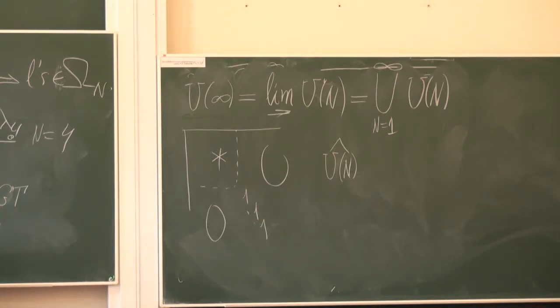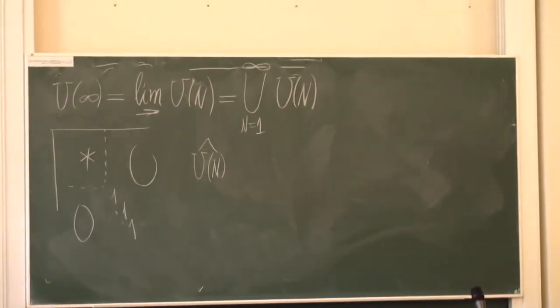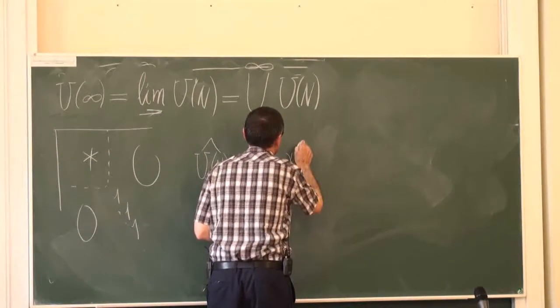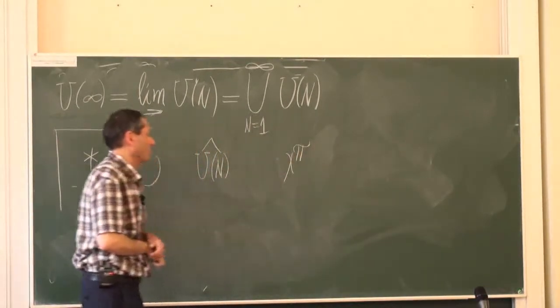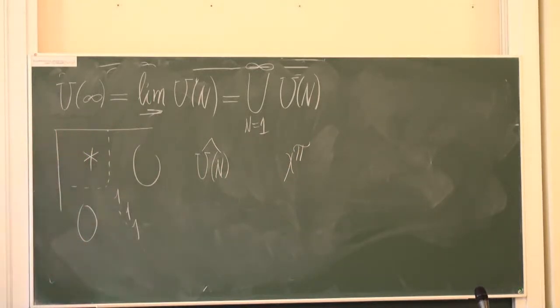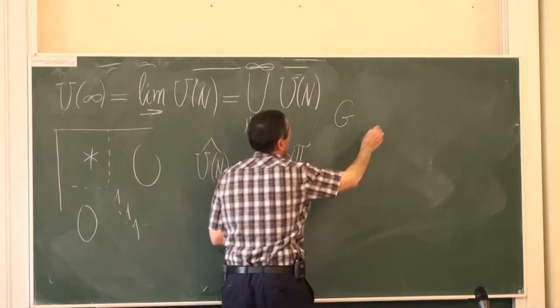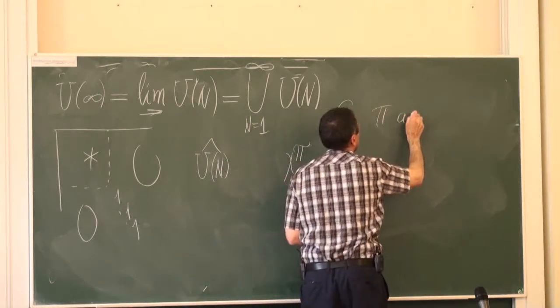To understand this, it's better to switch to another language and replace irreducible representations by their characters. Given a representation pi of a group G in some vector space, its character is a function on the group which equals the trace of the corresponding operator.